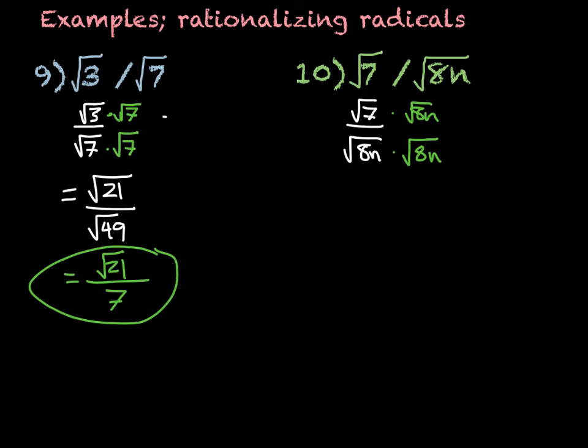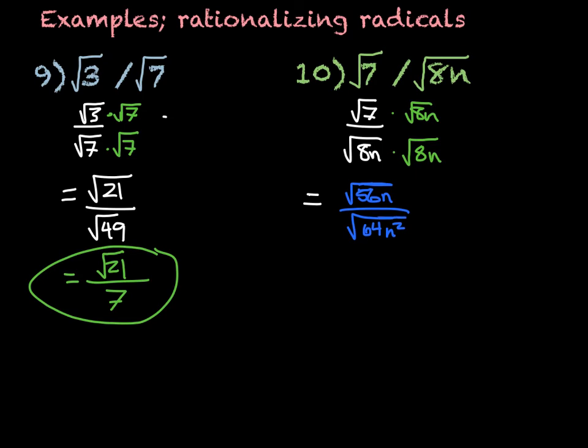So what I would get would be the square root of 7 times 8, which is 56, times the n, over the square root of 8 times 8, which is 64, n times n, which is n squared.